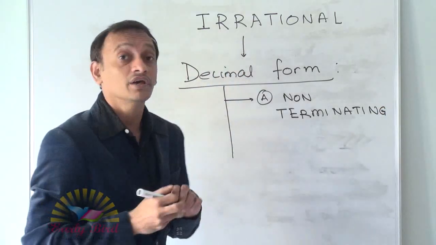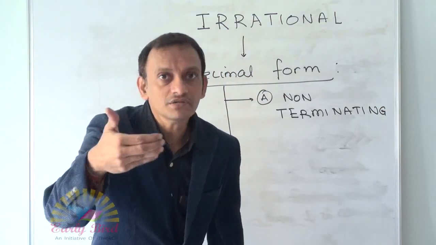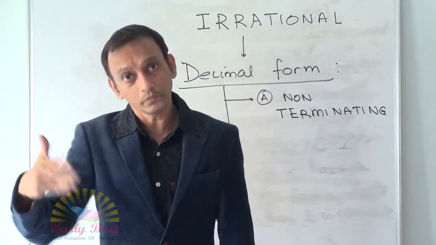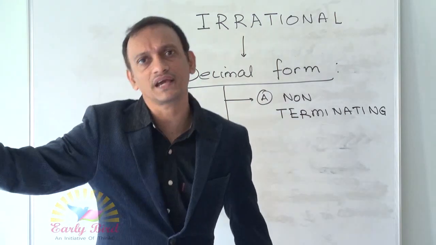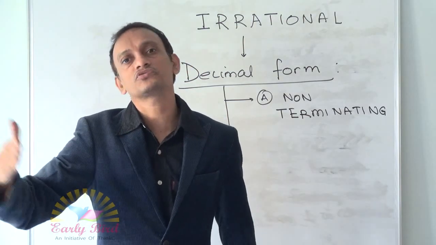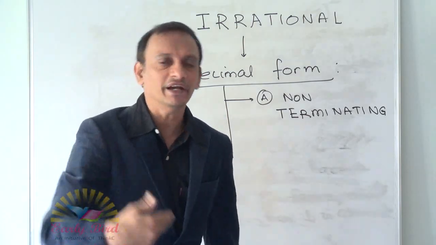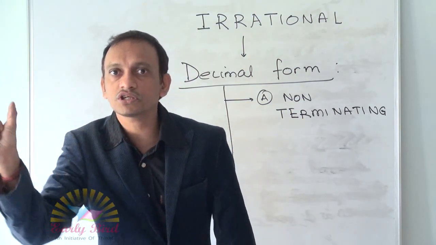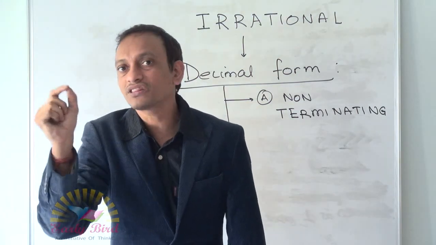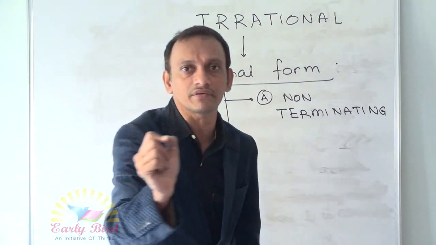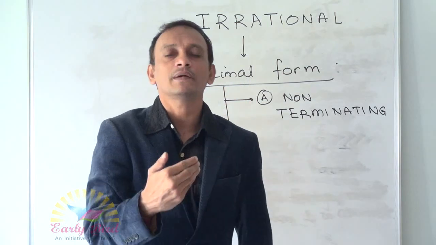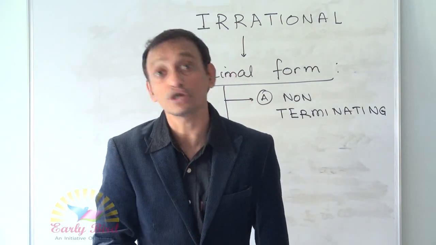However, if the decimal portion of a number is non-terminating but repeating, like 5.33, etc., or 5.62, it's not terminating anywhere, but it's repeating. You see, 62, or 3333 is appearing forever. It's repeating. Non-terminating, but repeating. If that happens, then you end up getting what's called a rational number.